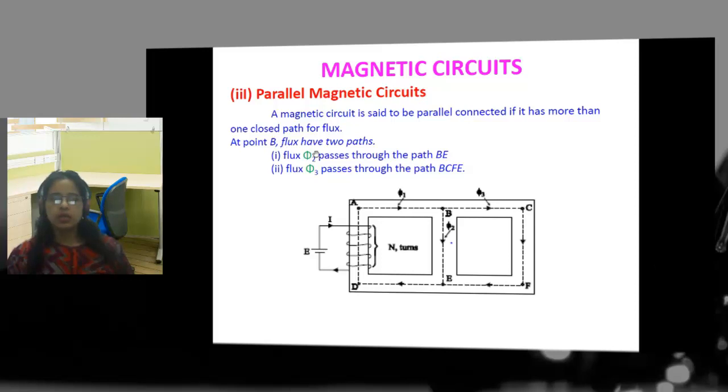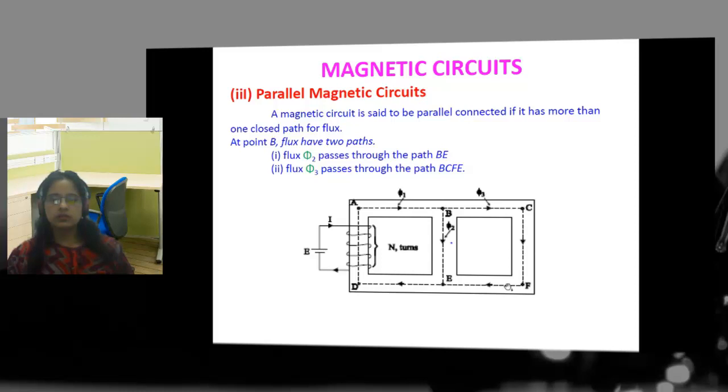At point B, flux has two paths. See, some flux is generated here, but after coming here, this is one path and this is another path. So flux phi 2 passes through path BE and flux phi 3 passes through BCFE.